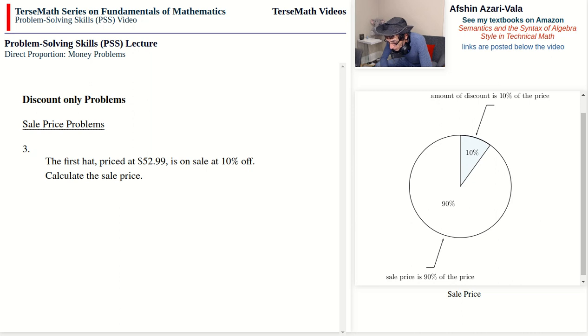And therefore, what we can do now is this: if something is on sale at 10% off, and you're looking for the sale price, it should bring to mind that the sale price is 90% of the price. And this sentence again gives us an equation.